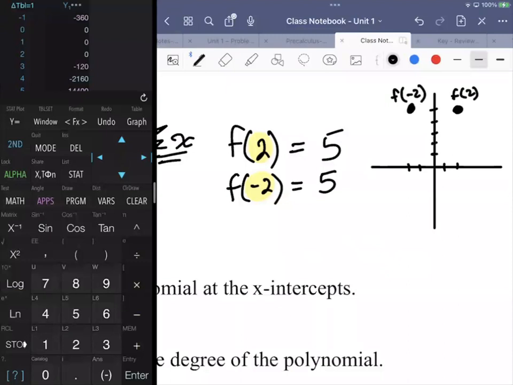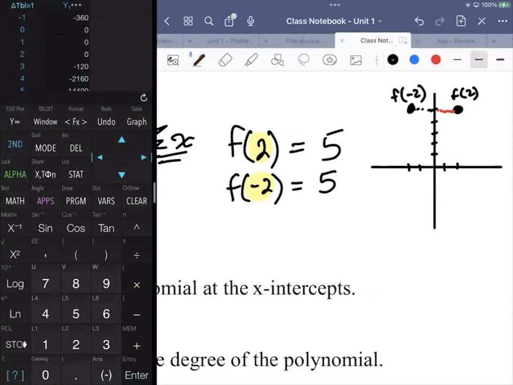The distance between this point and the y-axis would then be the same as the distance between this point and the y-axis, making it symmetric over the y-axis. Now, by doing it in general terms, instead of saying f of 2, I say f of x, I'm making a rule that applies for all values of x. So if it checks out to be true, then I know the entire graph is symmetric over the y-axis.